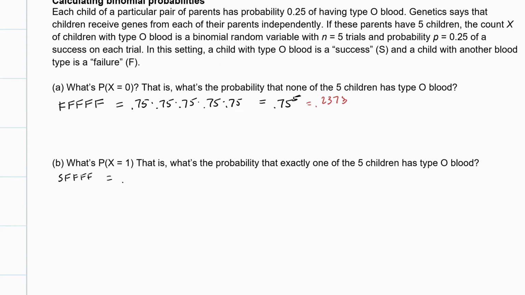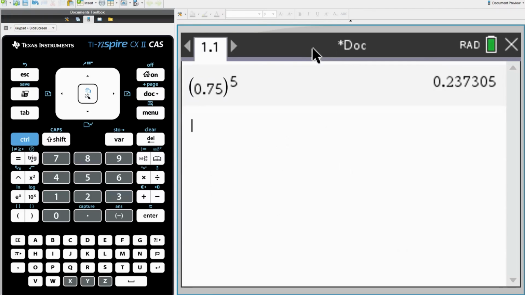And the probability of that is the probability of that one success times the probability of those four failures, which ends up being 0.25 times 0.75 to the fourth power. And that is 0.0791.